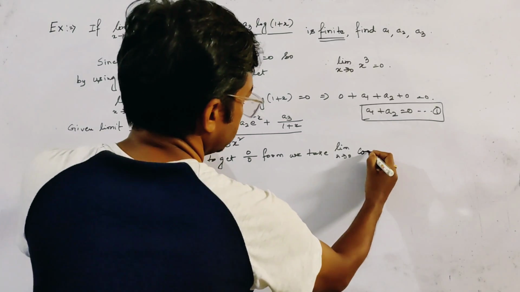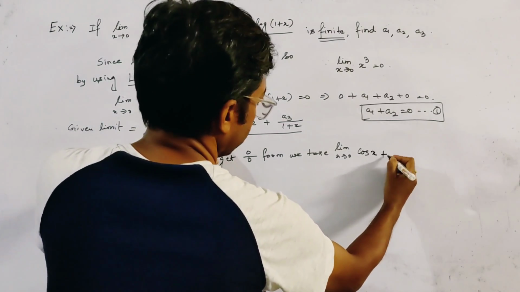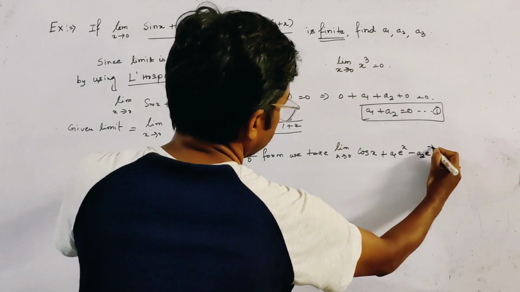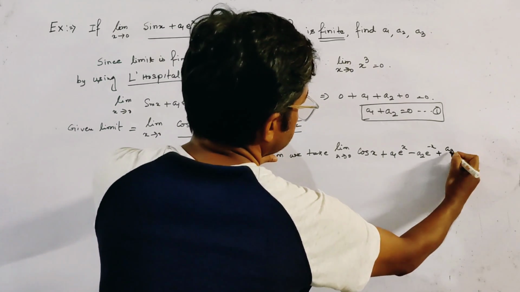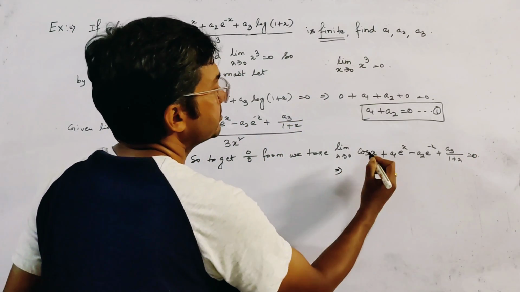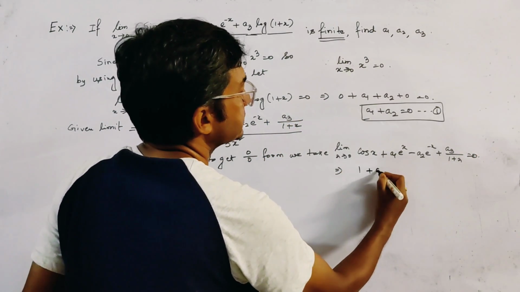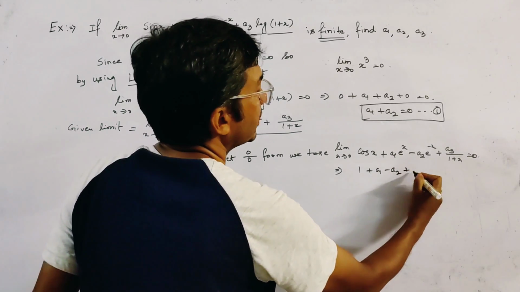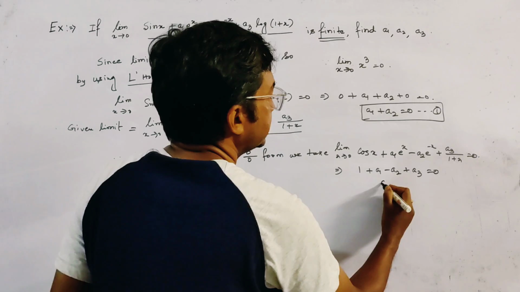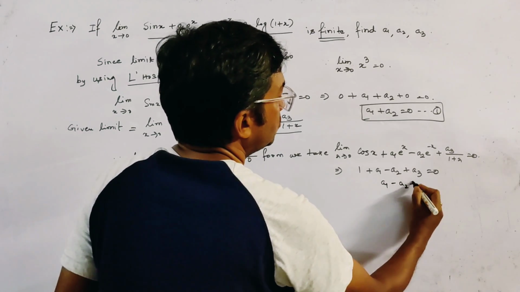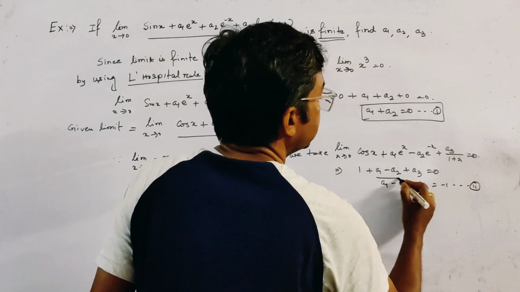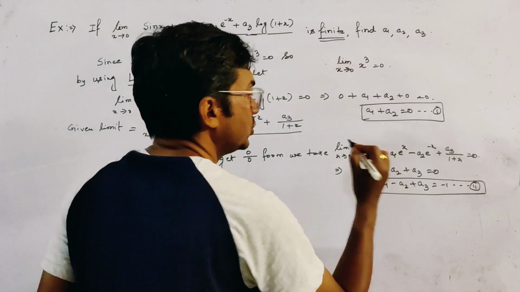So cos x + a1 e^x - a2 e^(-x) + a3/(1 + x) = 0, and this gives 1 + a1 - a2 + a3 = 0, so a1 - a2 + a3 = -1. We name this relation number 2.